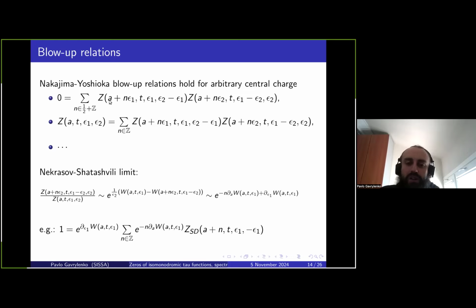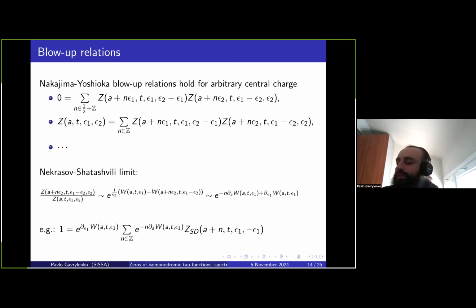And what do we have here? We have two shifts of the argument of A. One shift is by epsilon1, another shift is by epsilon2. And we also have modification of the central charge or of these epsilons. The modification is on this one. Instead of epsilon1, epsilon2, we have epsilon1, epsilon2 minus epsilon1, and epsilon1 minus epsilon2, epsilon2.